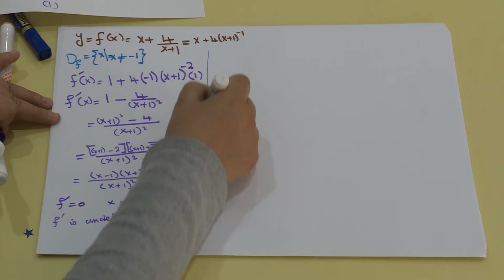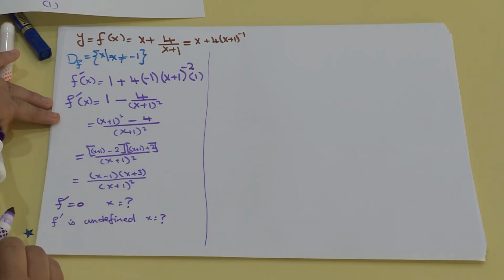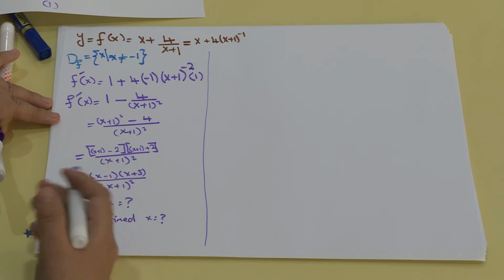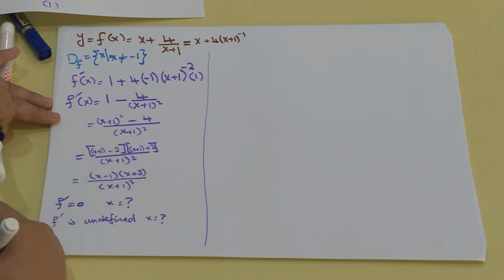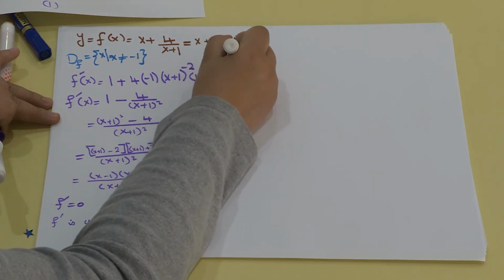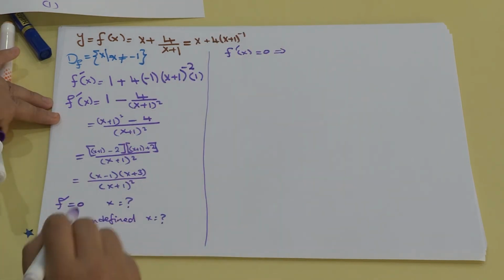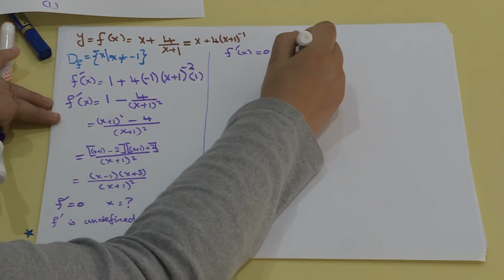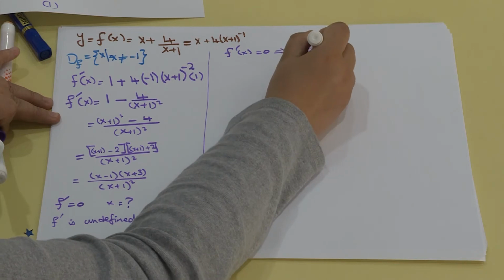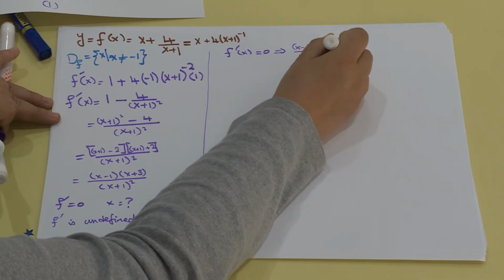So now I have f prime in the form of a fraction. Whenever you have a fraction equal to 0, the 0 always comes from the numerator. So f prime of x equals 0 implies that the fraction (x minus 1)(x plus 3) over (x plus 1) all squared equals 0.